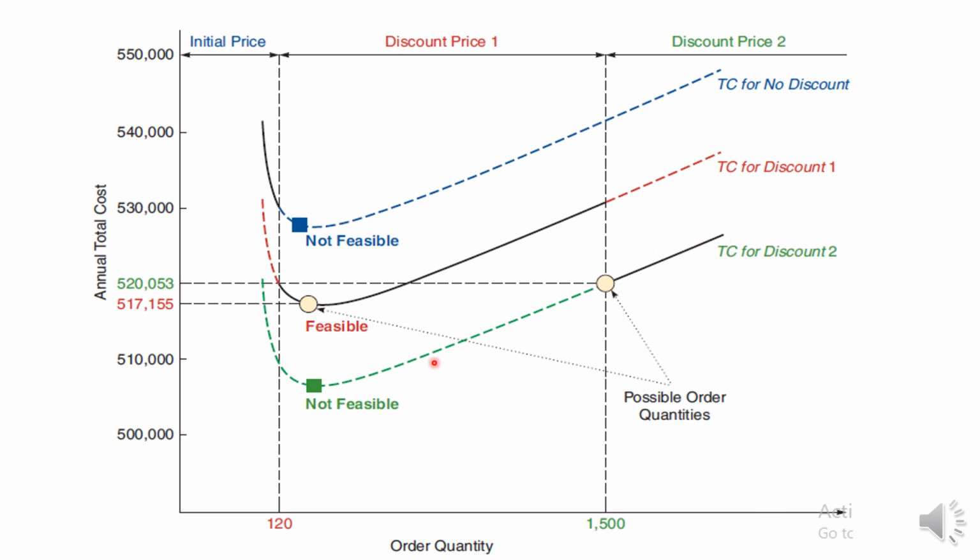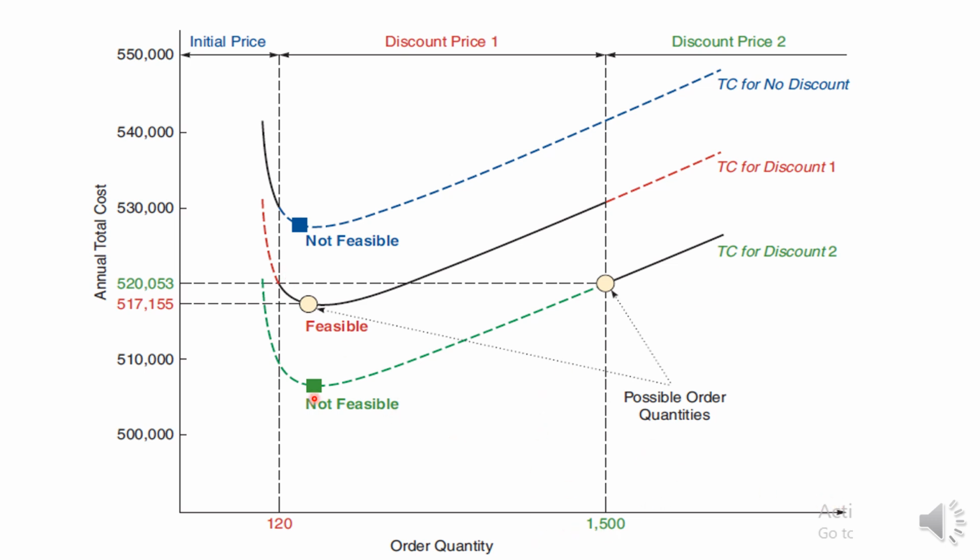So you see this point is not feasible. Why? Because the EOQ answer is not within the range of this quantity. This discount is starting from 1500 and above.